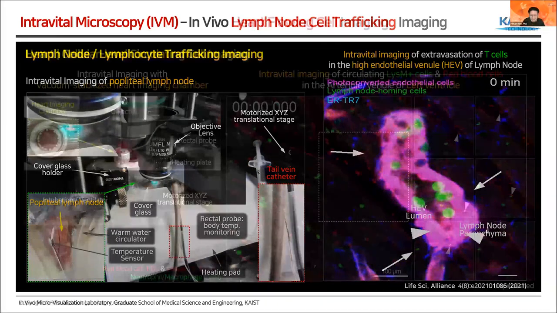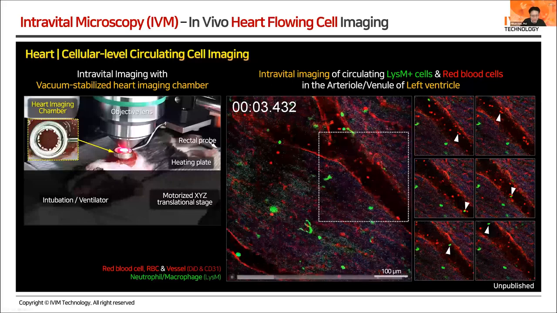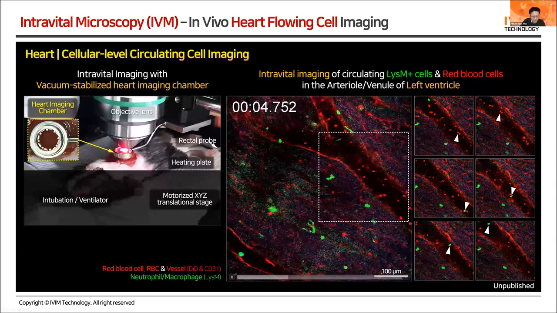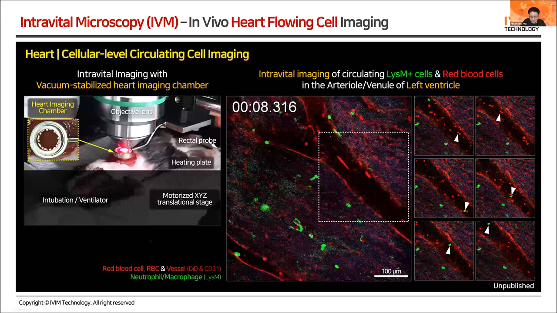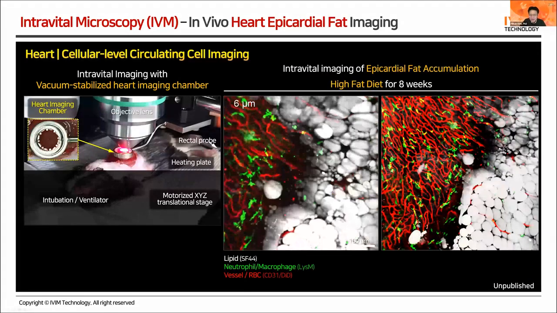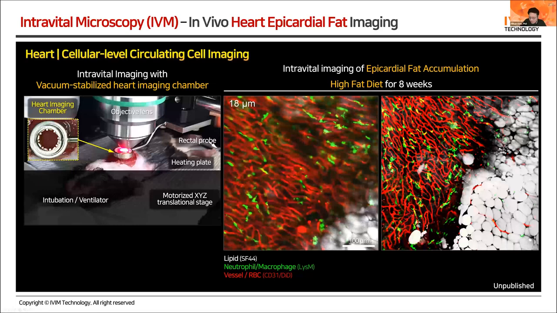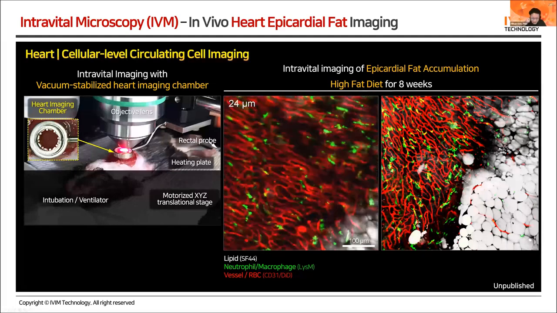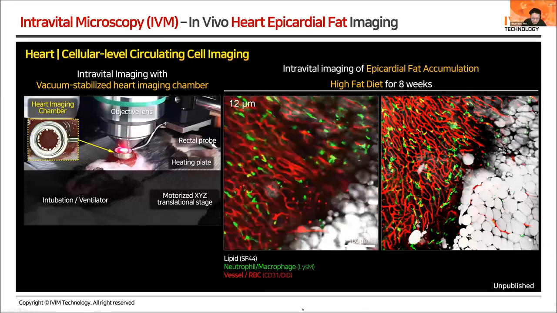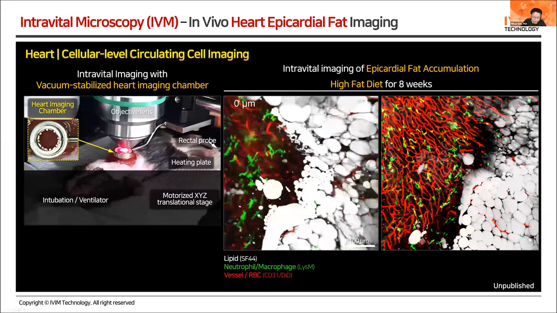And this is the heart. I already showed that we can directly monitor the blood flow in the beating heart using this heart imaging chamber. This is the data of epicardial fat accumulation after a high fat diet. This white color is lipid, labeled using a special dye, SF44.